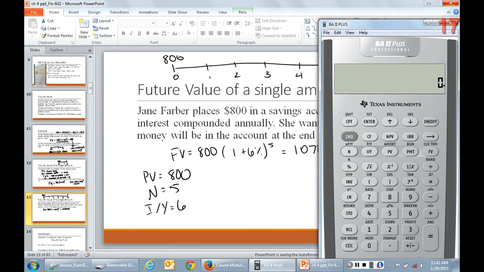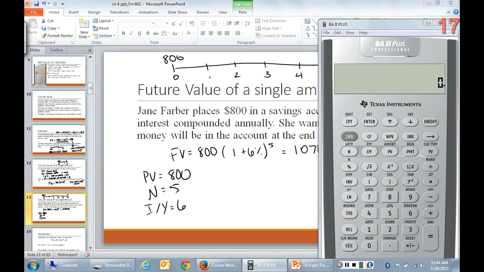So we can solve for future value now. We just enter these in. First of all, you need to make sure that your time value of money worksheet is cleared.